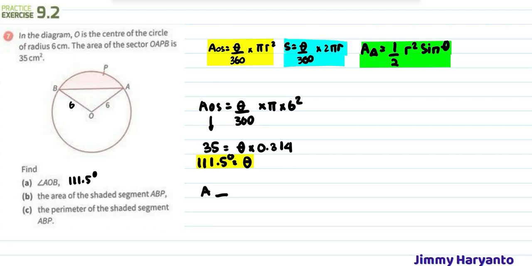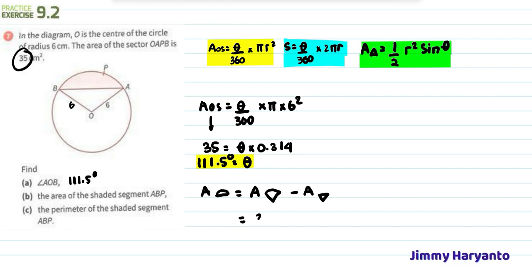Okay, next is the area of the shaded segment APB. For the area of segment, it will be the area of sector minus the area of triangle. We already have the area of sector, it's 35, so we don't have to calculate it anymore. 35 minus the area of triangle, half times 6 squared times sine theta.